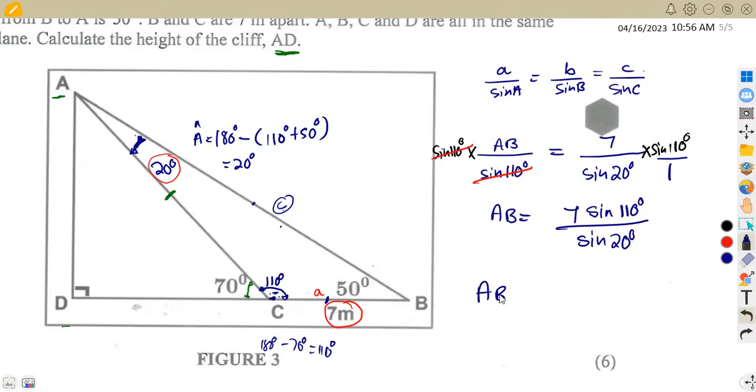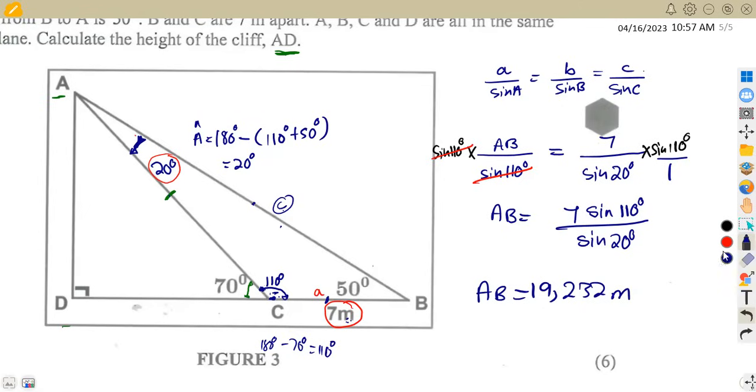So this is going to give us AB. All right, with our AB calculated, I obtained something like 19.232. Take note, this is in meters.